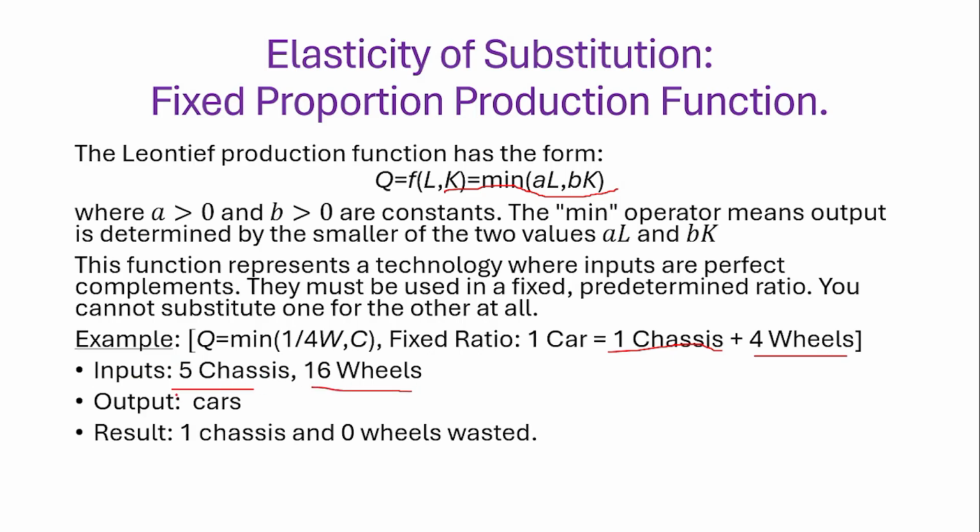What will be the output? We can produce four cars, because four wheels are needed for one car, and there are 16 wheels. But in this, one chassis will remain unused, because this is the scenario where inputs are perfectly complementary.